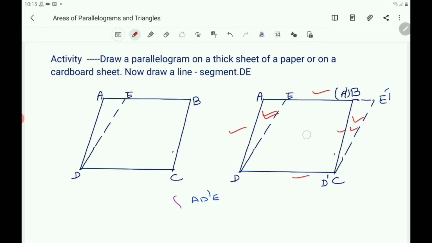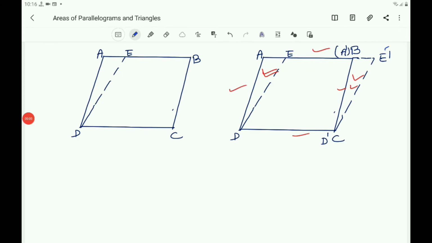So, let us write it. Triangle ADE is congruent to triangle A'D'E'. That is the construction we made. Triangle ADE and triangle A'D'E' have equal areas because they are congruent.